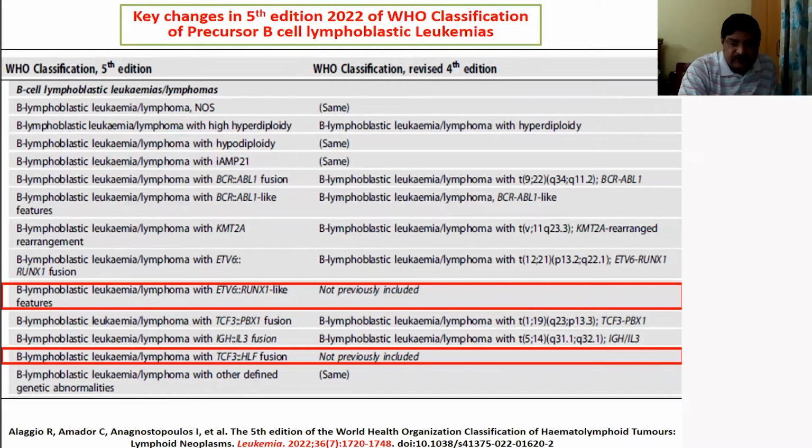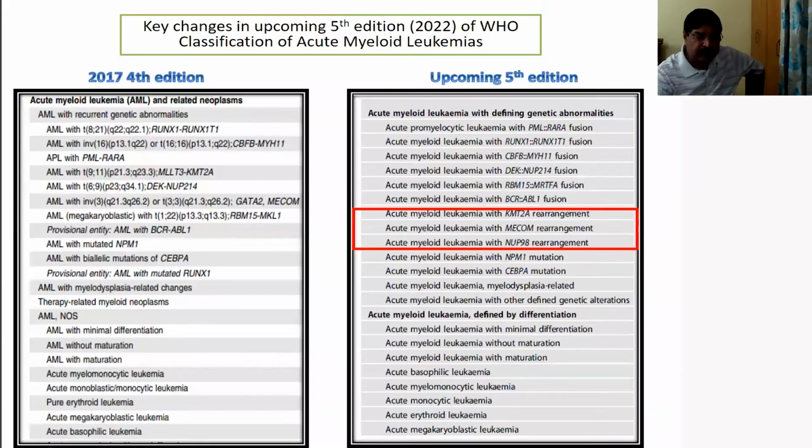So the classification is not very different from the fourth edition. Minor changes have happened, and the Ph-like ALL has found a definitive place in the classification. Next. Why it is so, I will come to that later, because it has distinct prognostic implications and therapeutic connotations.